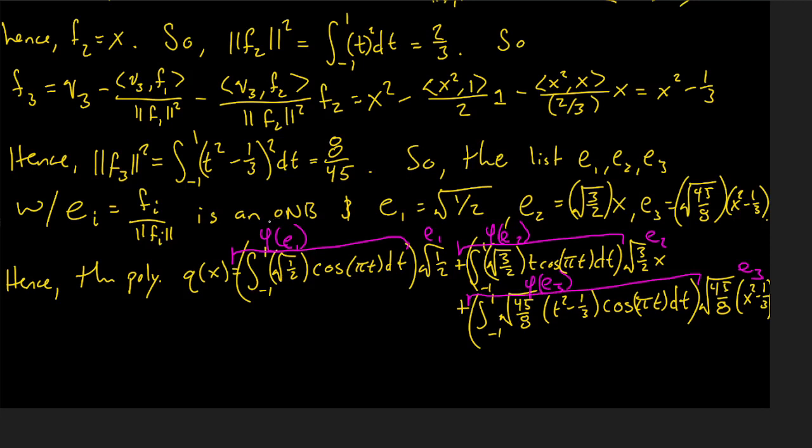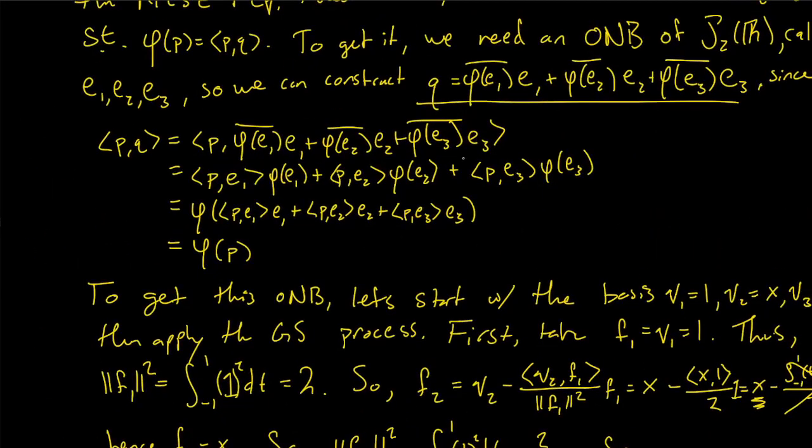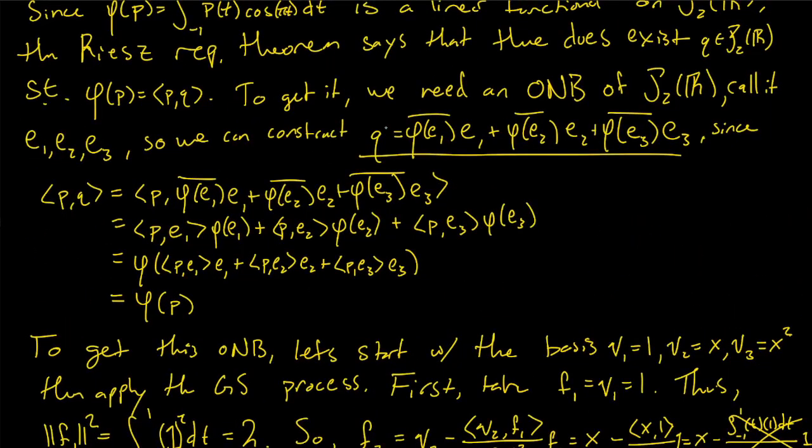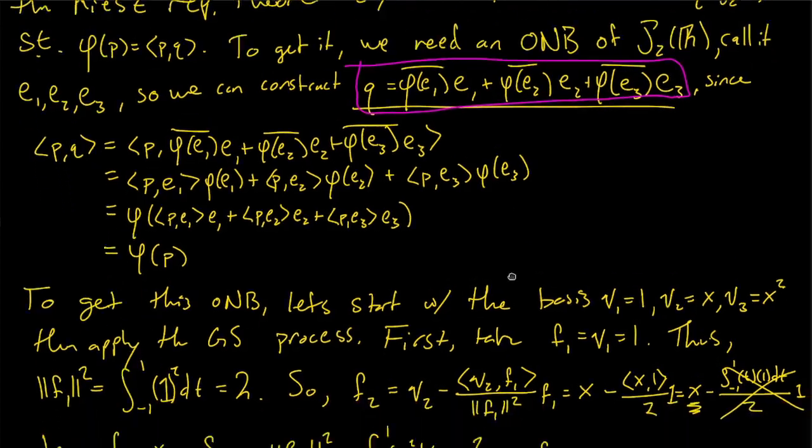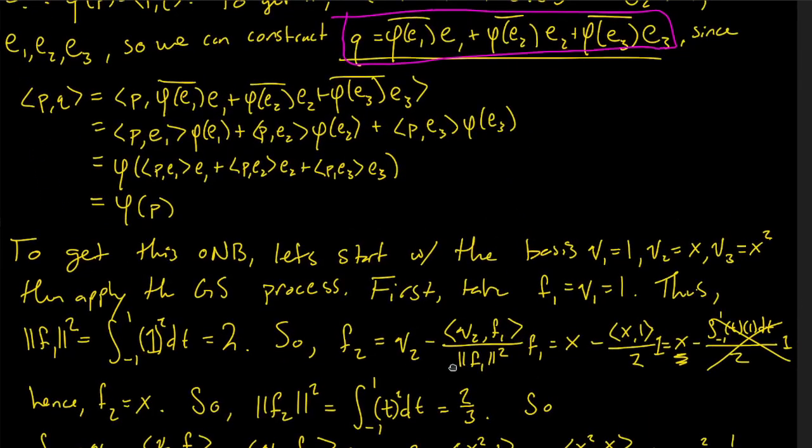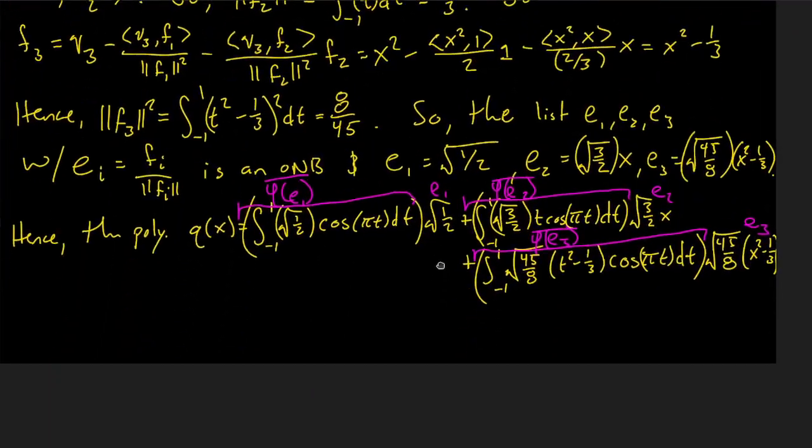Since I am working over the reals, I might as well write these as conjugates just to make it clear that I am doing precisely the formula I said back over here. Take the conjugate of the functional applied to each of our elements in our orthonormal basis and use those as the scalars in a linear combination of the elements in our orthonormal basis.